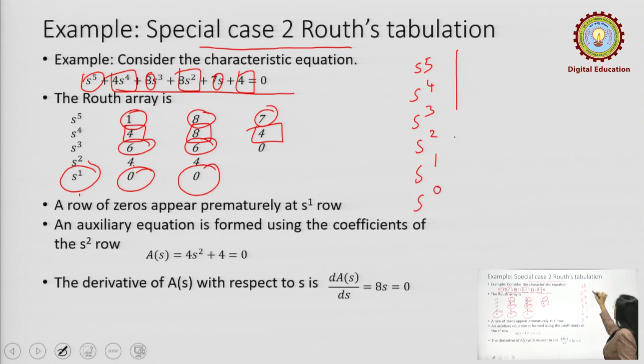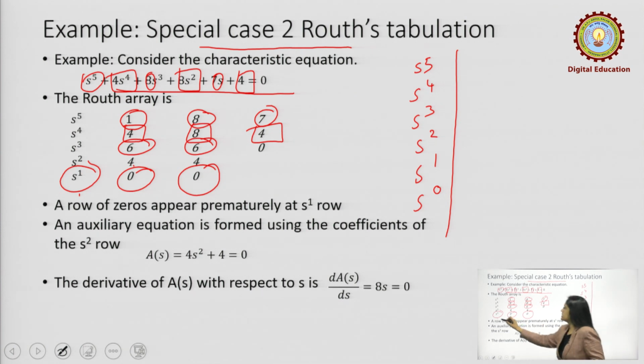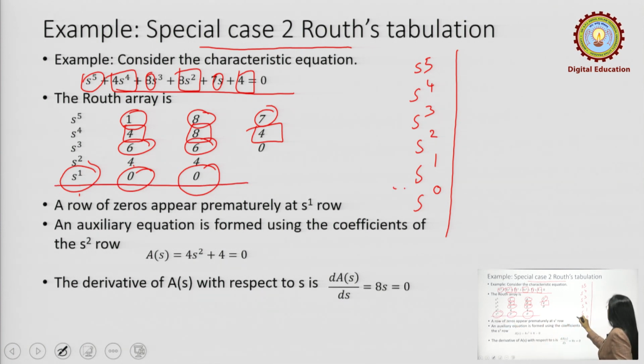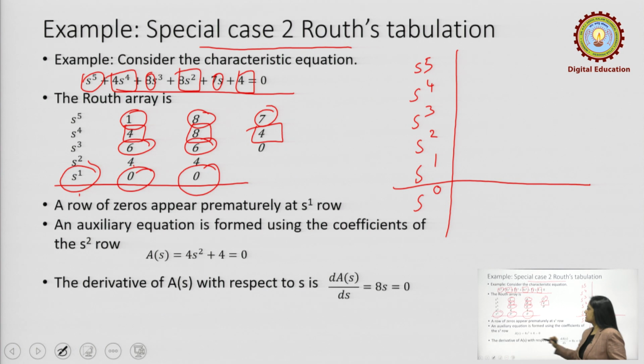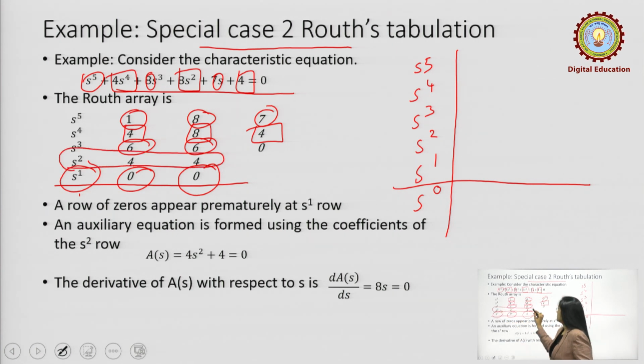We can see that the premature termination has occurred at the s raised to 1 row. So, the step is to form the auxiliary equation from the row preceding this row.